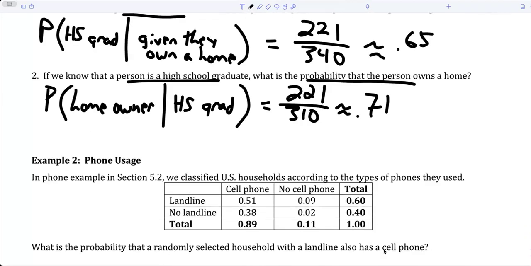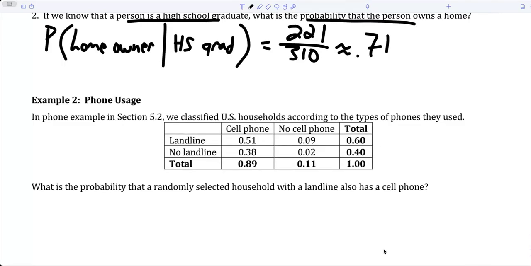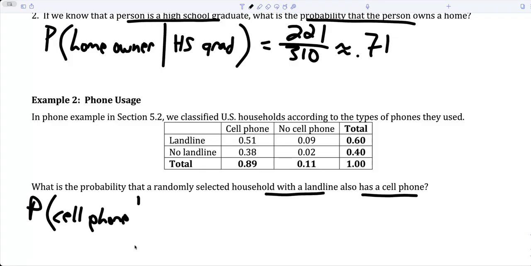So let's look at this question. It's phone usage. Going back to those notes. So we had cell phones and landlines, and we had the two-way table. This says, what is the probability that a randomly selected household with a landline also has a cell phone? So writing that out, we want the probability that they have a cell phone, given the fact that they own a landline.